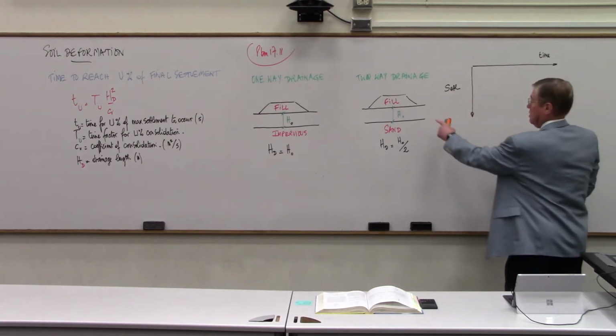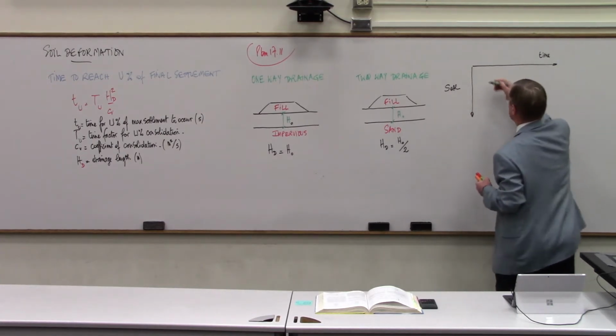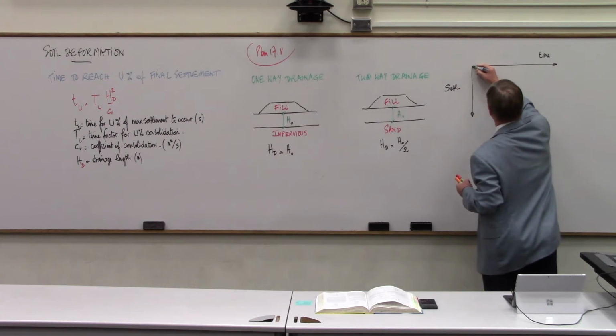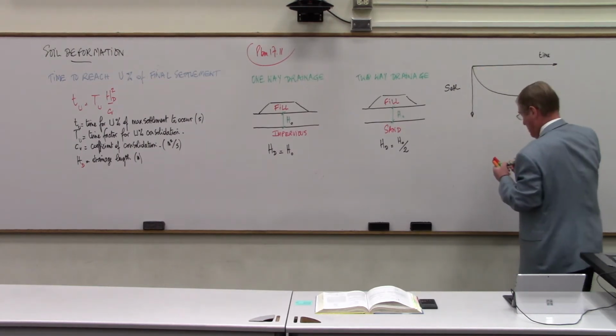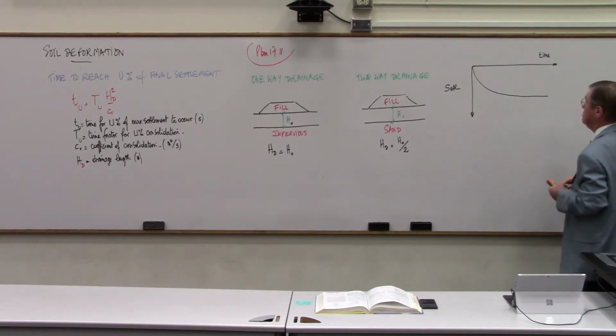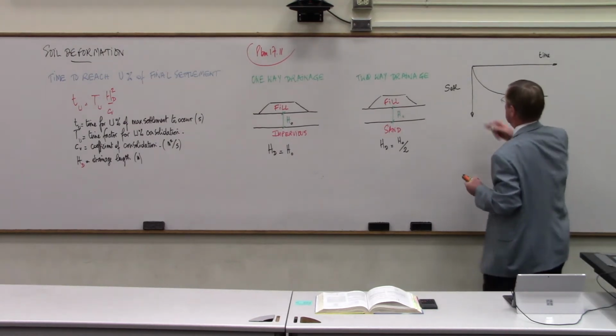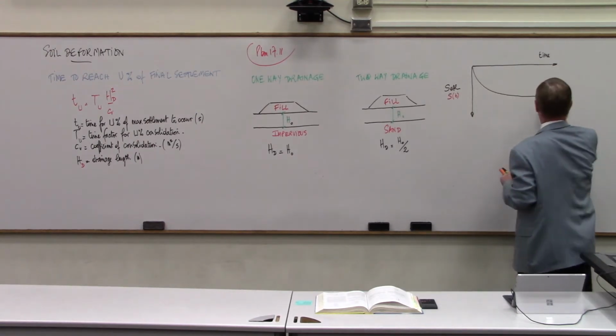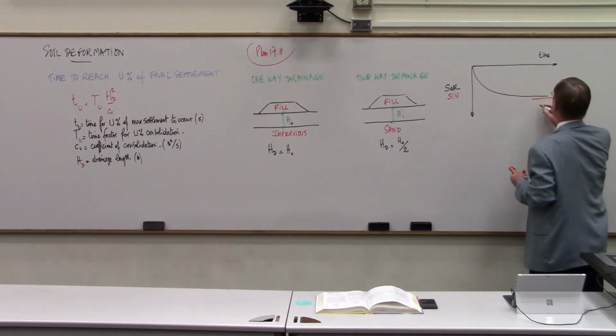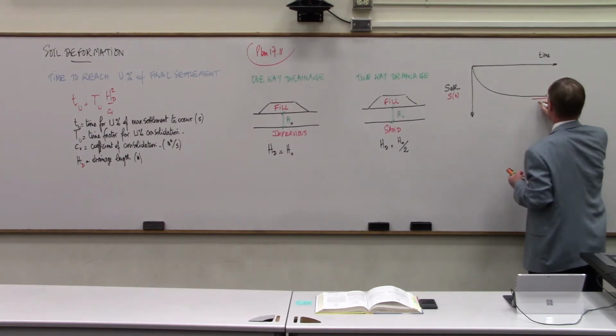In a case like this where you have a fill, the curve will do something like this, and then you reach a point here where you have the maximum settlement. We'll call this S max.